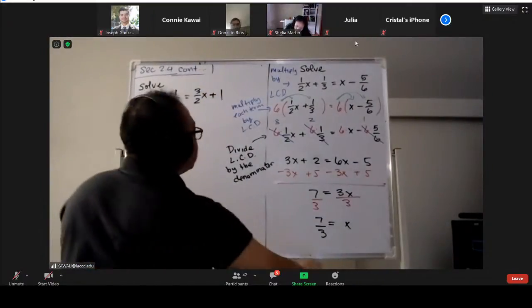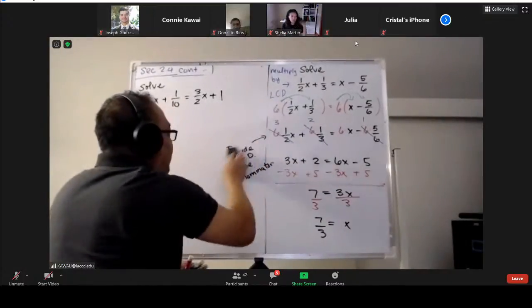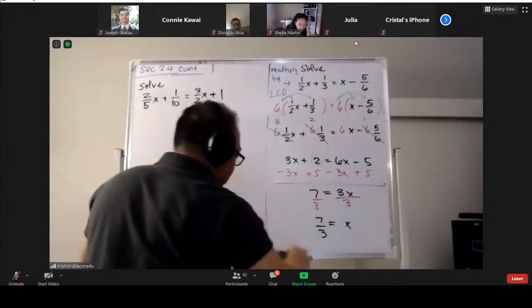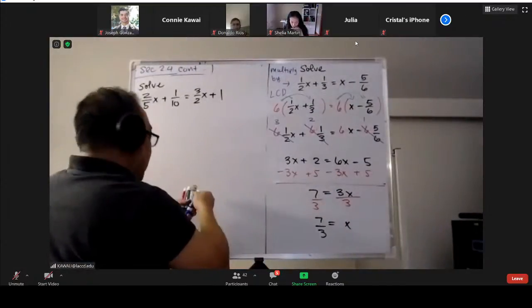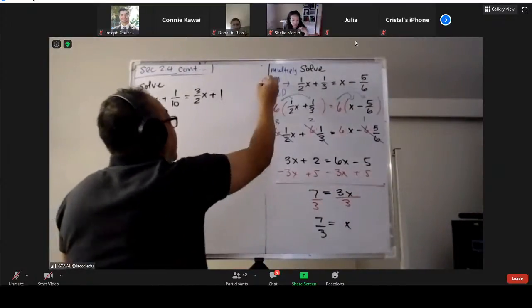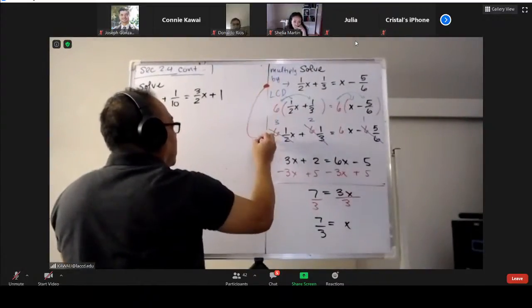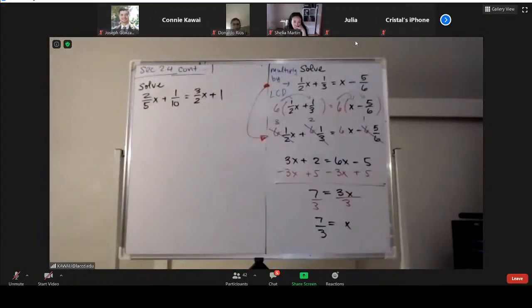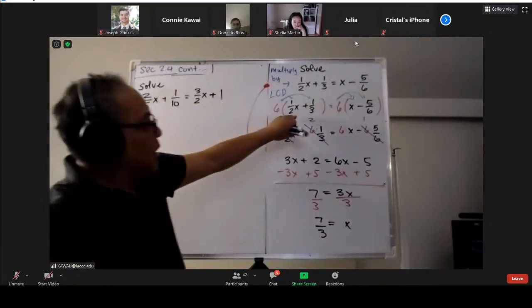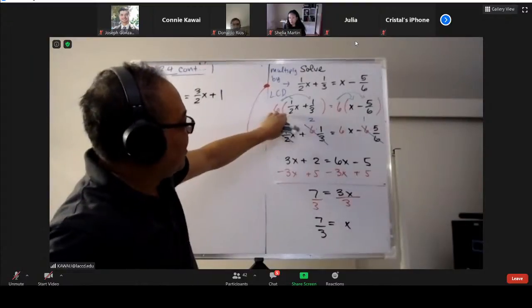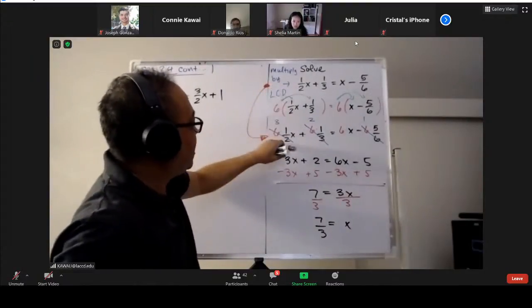Okay, now, I usually go directly from this line to this line, only because it's a pain to write this an extra time. So I go from here to here.